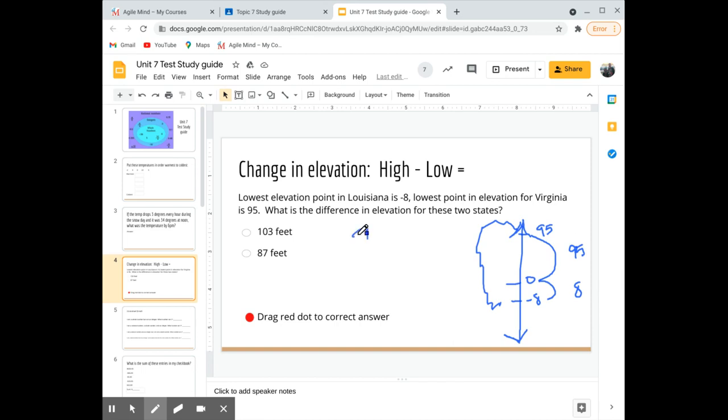So, Deonti, we got 95 plus 8. What's 5 plus 8? 13. Good. And Deonti, what is 9 plus 1? 10. So what should our answer be, Deonti? 130. Good. Anybody got a question?